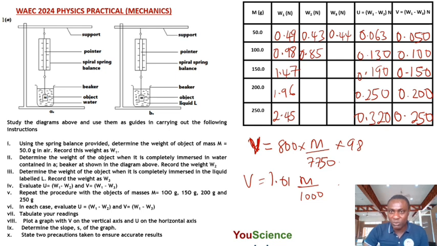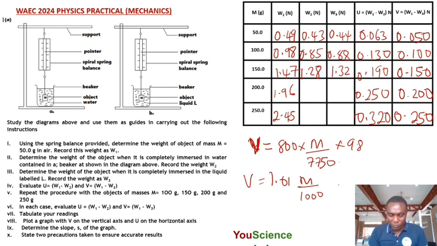That's going to give me 0.88. Then I'm going to have 1.47 minus 0.19. That's going to give me 1.28. Then I'm going to have the same 1.47 minus 0.15. That's going to give me 1.32.